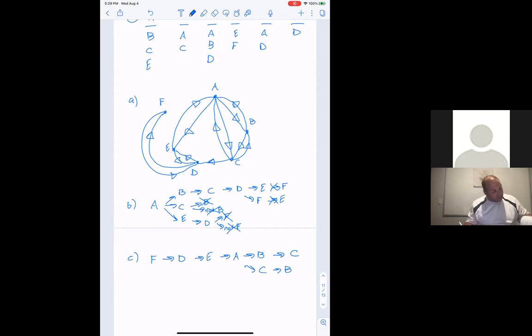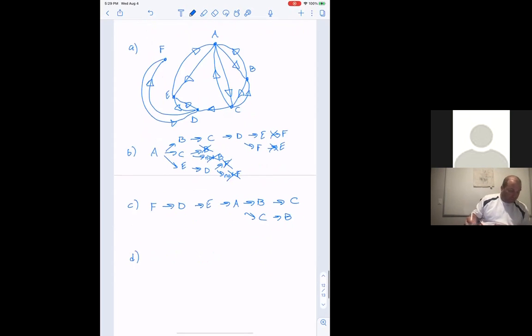Let's see which order they have in the book. Yes, if you begin on Francis' page, F, D, E, A, B, C, although technically A, C, B works too. So yes, you can do it.